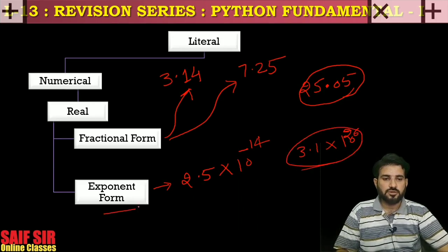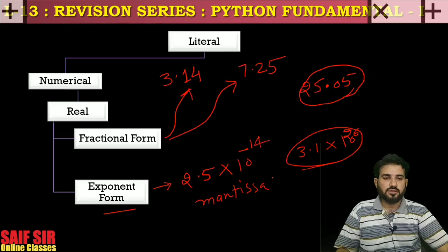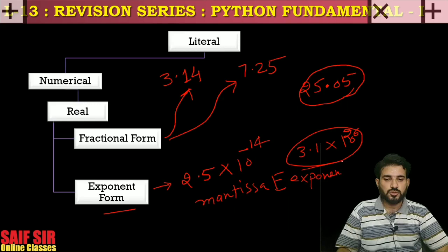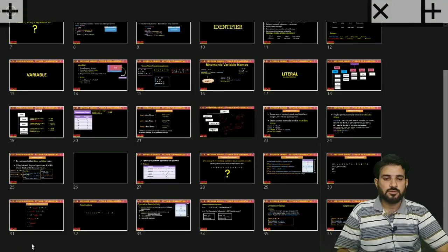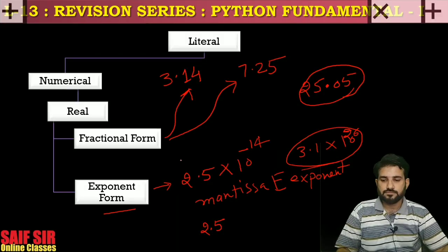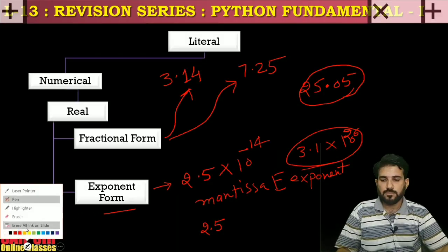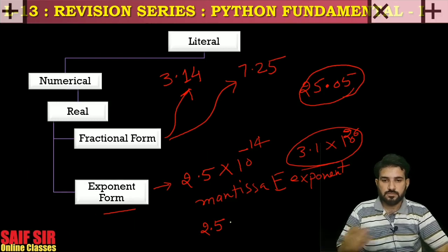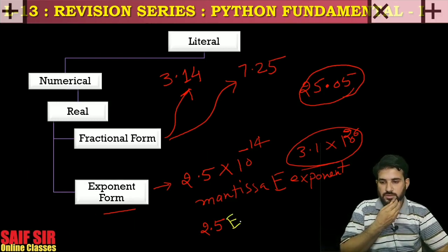Now if you want to specify these, you will use E for exponent. So this number, 2.5 e minus 14, will be written in Python.